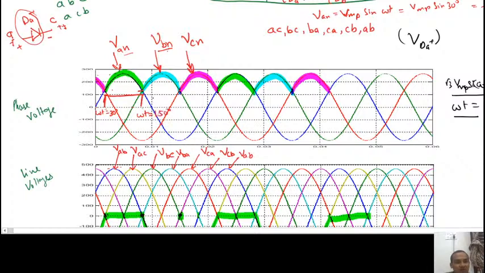After that, for 240 degrees, the phase A current will be 0. Why is it 0? Because diode A was turned off. I am drawing the A phase current. After this, again A is conducting, so source current is flowing, and again after that for the next 240 degrees it is 0. Like that.